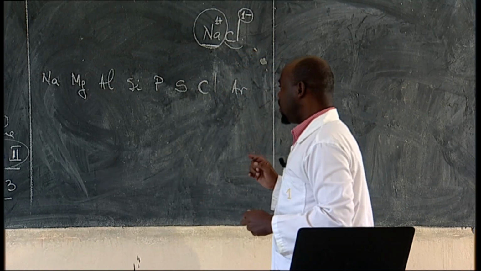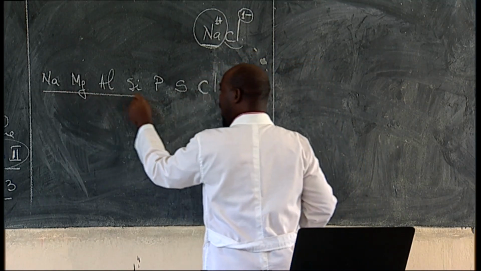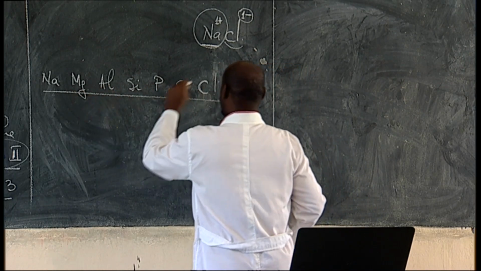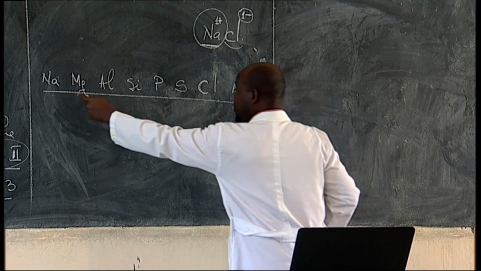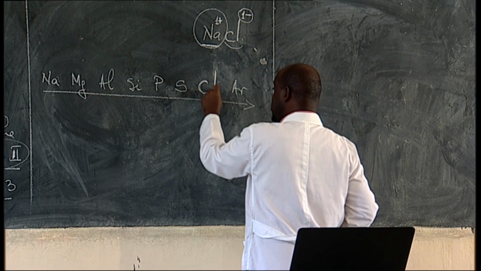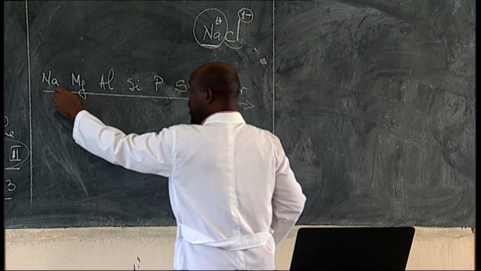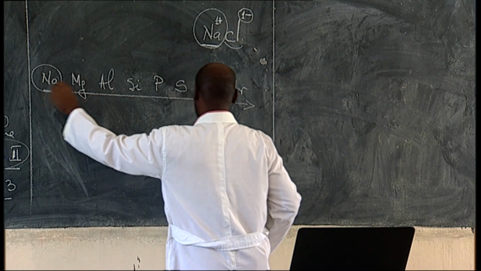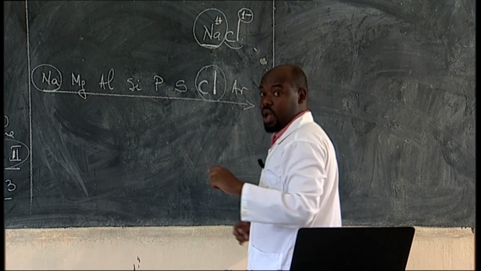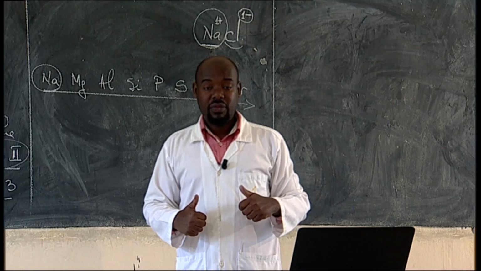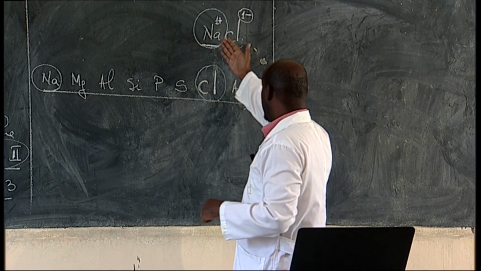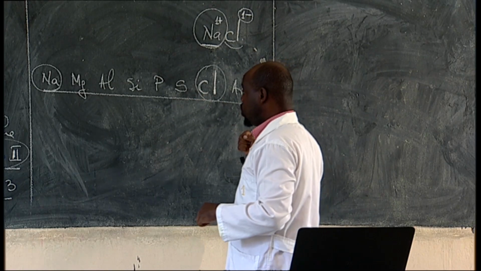So you can see that from sodium up to chlorine, the tendency of losing is decreasing, while the tendency of gaining is increasing, as sodium can lose an electron, but chlorine will gain the electron when making a compound. This is an easy example of showing how the metallic character is changing.